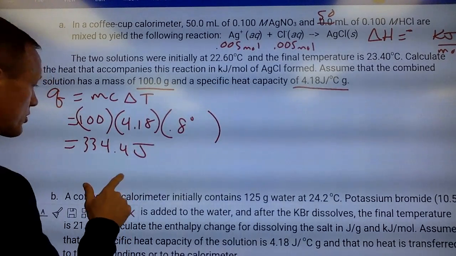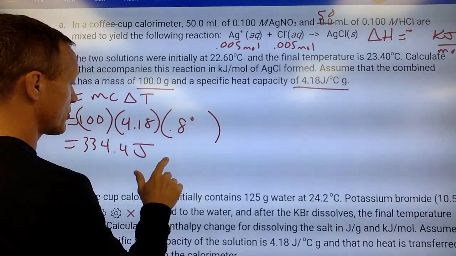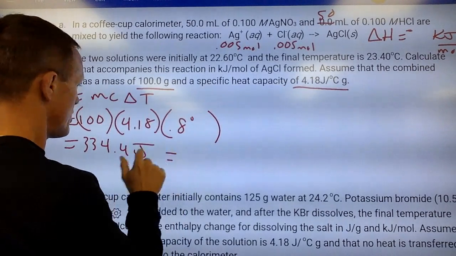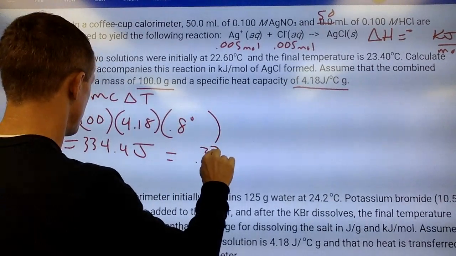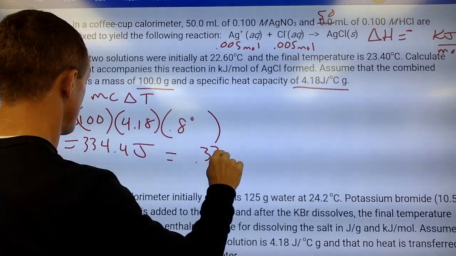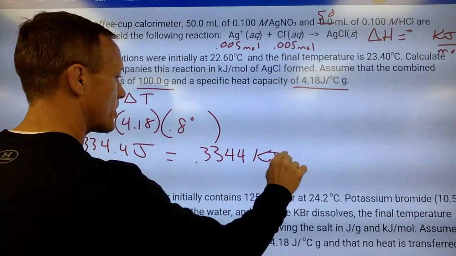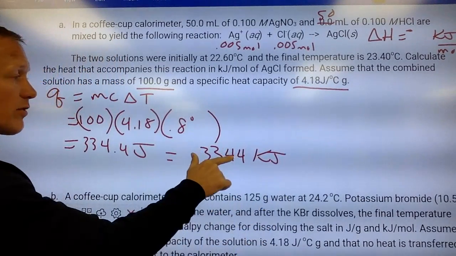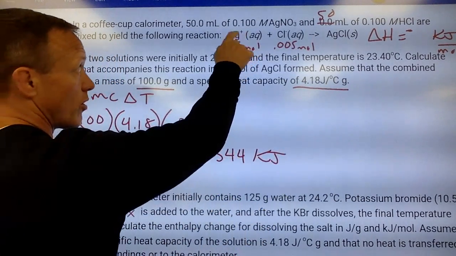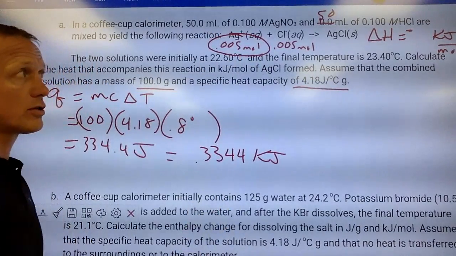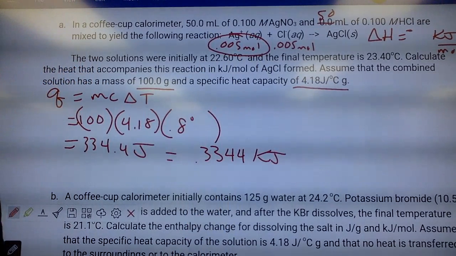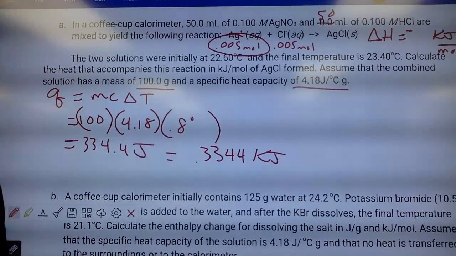So let's convert this into kilojoules. That'd be 0.3344 kilojoules. We want to know per mole. Well, this is the number of kilojoules for 0.005 moles that are reacting.